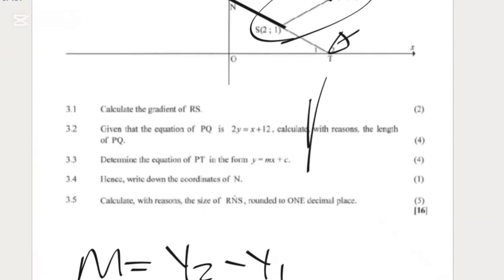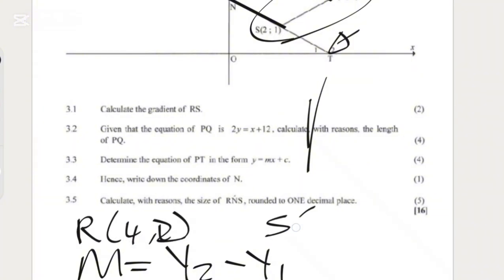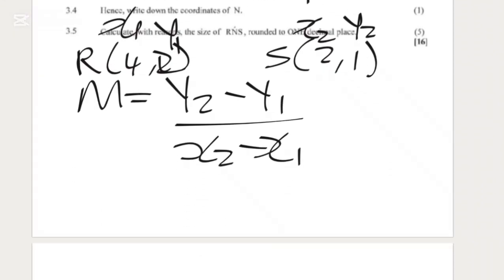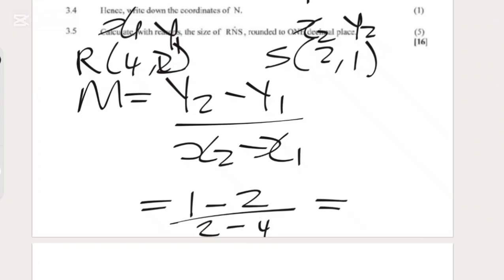For RS, the coordinates we are going to use are R, which is (4, 2), and S, which is (2, 1). So this is y2, y1, x2, x1. Then you get 1 minus 2 all over 2 minus 4, and you punch this in your machine and find that the gradient is equal to 1 over 2.